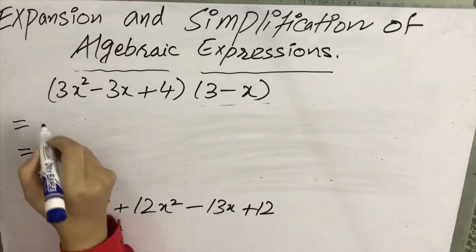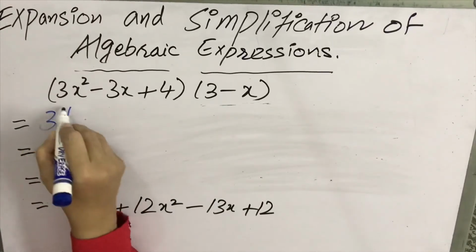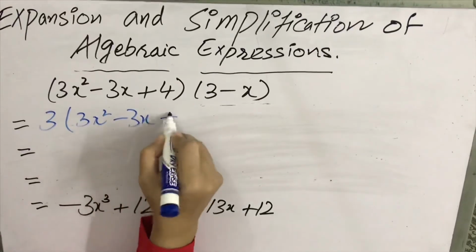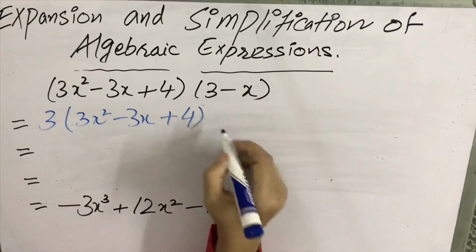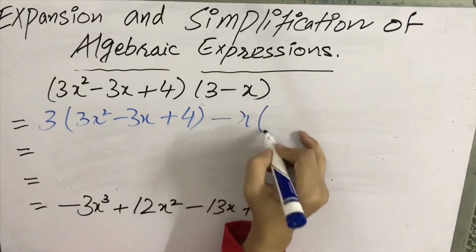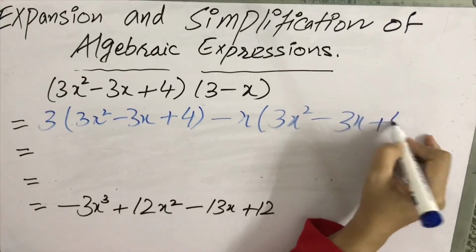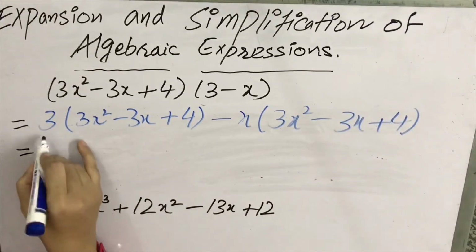What we are going to do, we are going to write 3 bracket, the whole bracket, 3x square minus 3x plus 4 minus x bracket 3x square minus 3x plus 4. I think this method is easier.